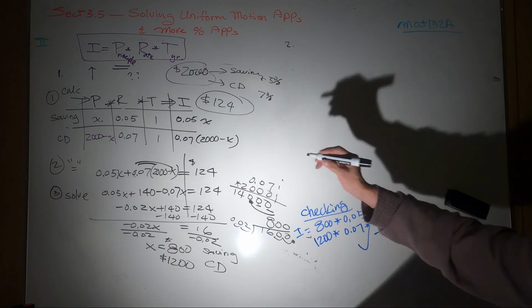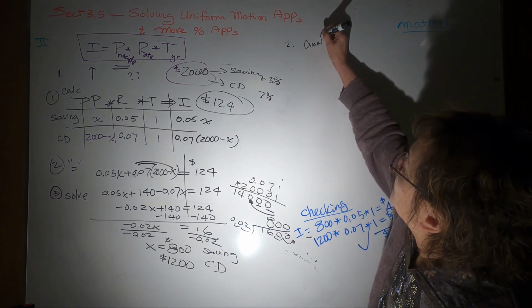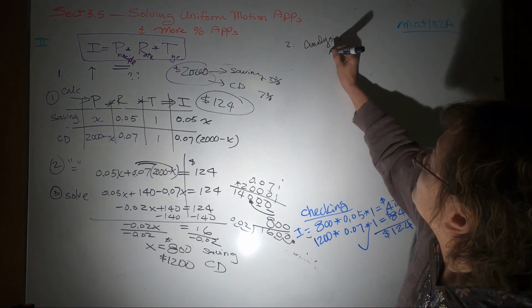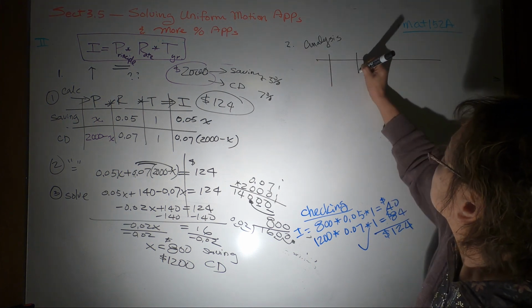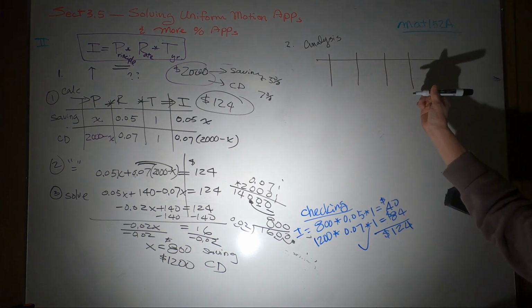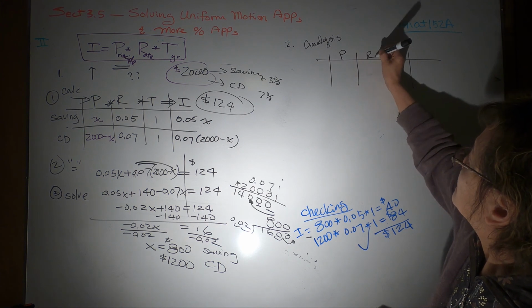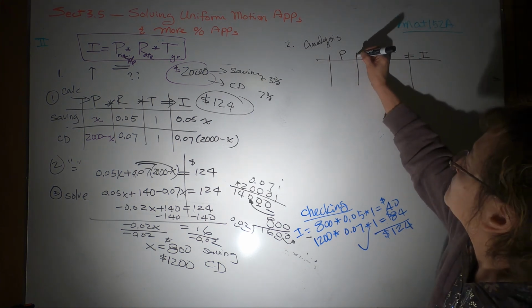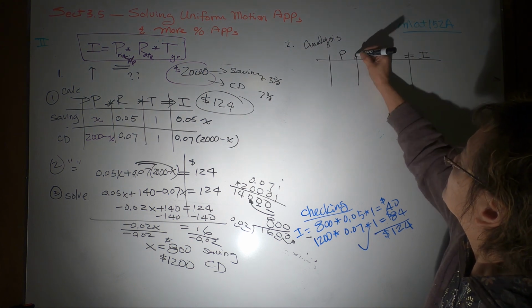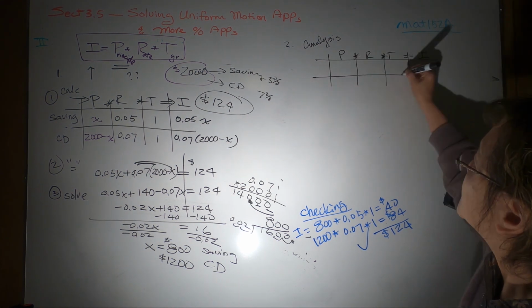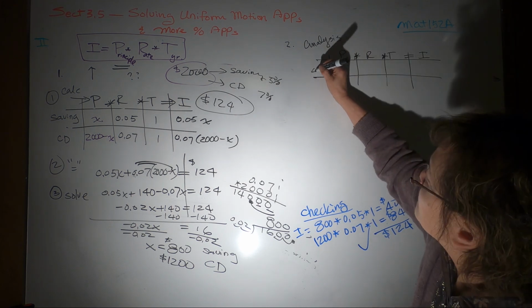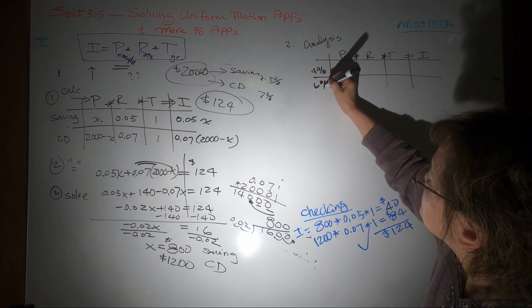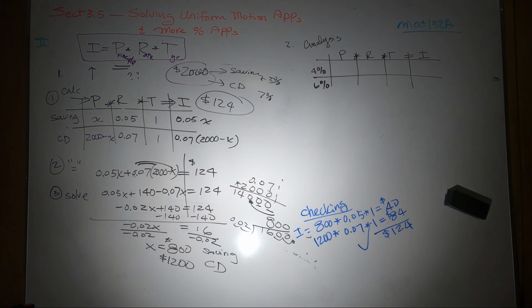Okay, so let's do the same thing. We write our analysis table like that, right? So you have PRT equals I, right? You multiply them. Then you have two cases. One is what? 4%, one is 6%, right?